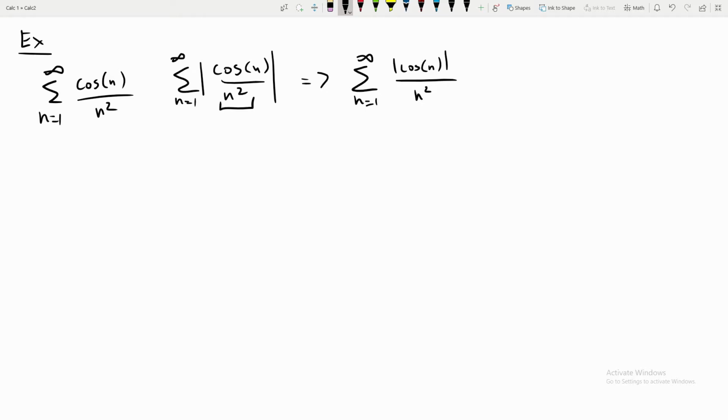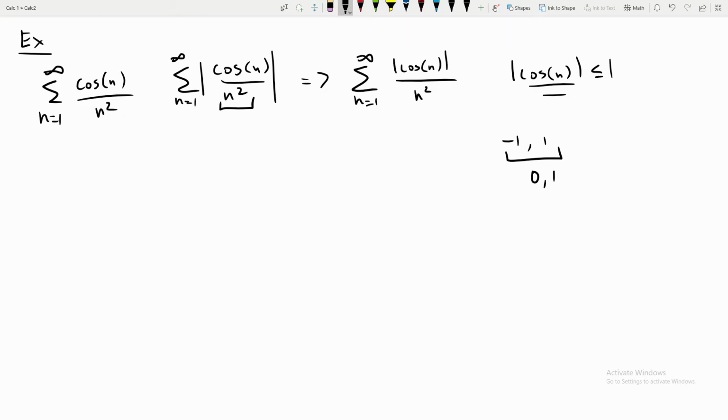Now if we look at this, cos originally spans from -1 to 1, and the values are in between somewhere there. However, if we throw the absolute value sign around it, now all of a sudden it spans from 0 to 1. So we can say that this is going to be less than or equal to 1.